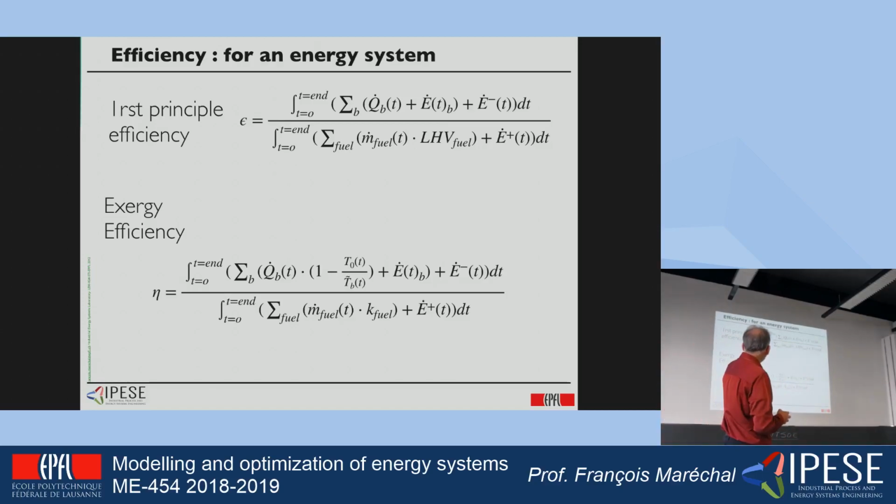So those are the services that you supply, and on the other hand, you have the resources that you are going to use, which is the fuel, and you can have different types of fuels. That's why I have made a sum that you multiply by the lower heating value, plus the electricity that you import. Okay?